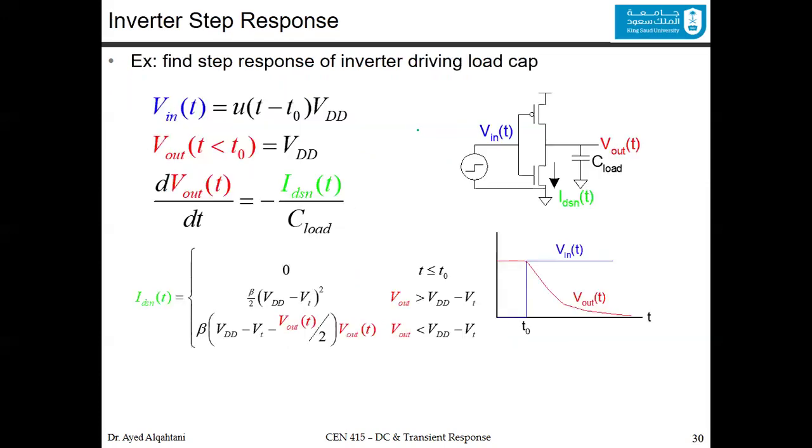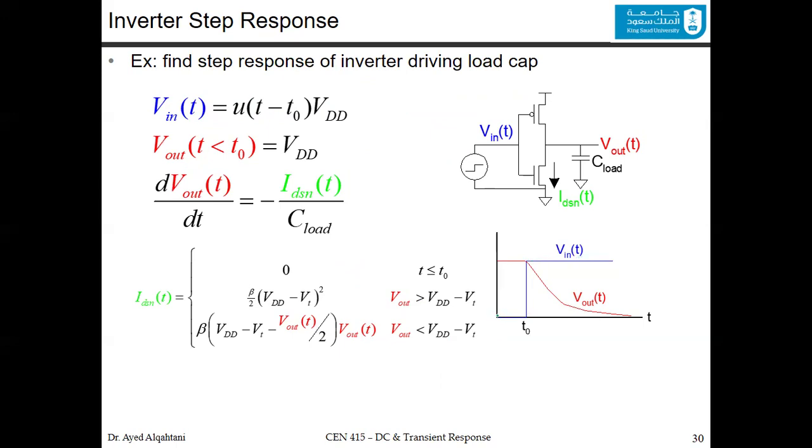To model this mathematically, the input, V input over time, is equal to the unit step shifted by an amount T0 multiplied by VDD. And now it's this blue curve.